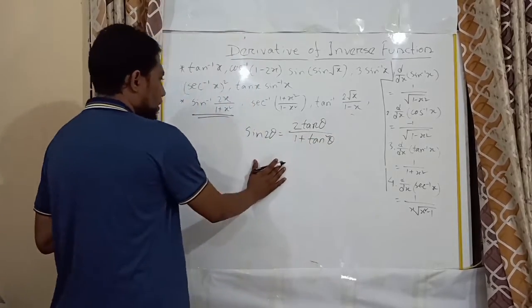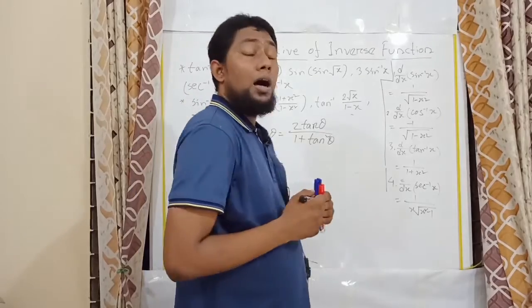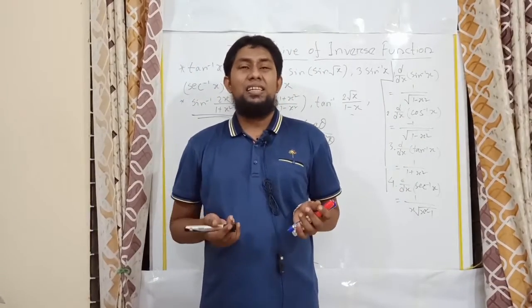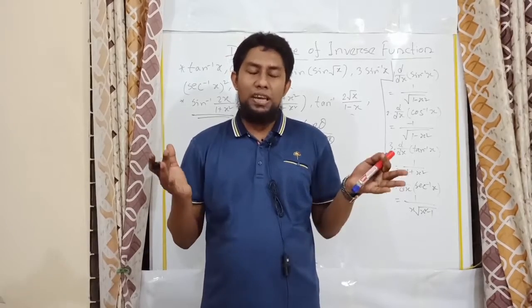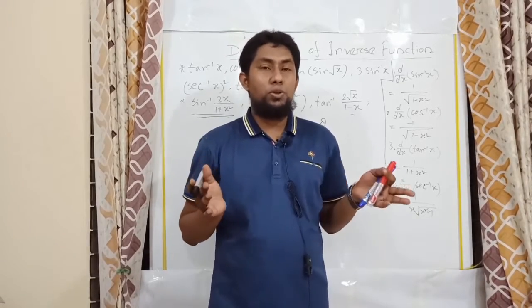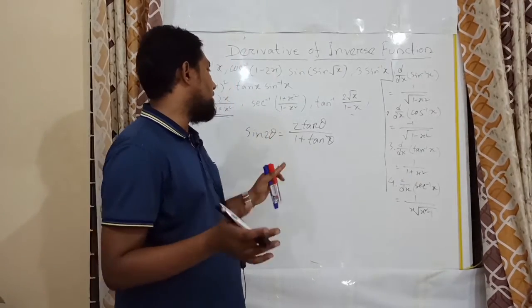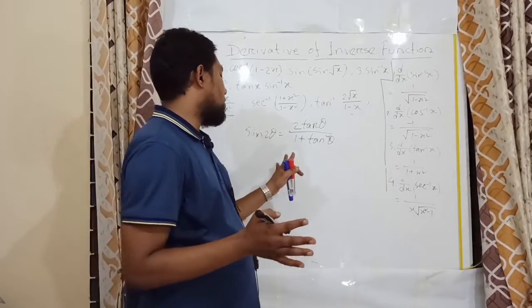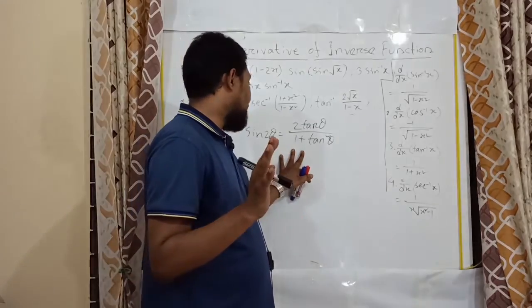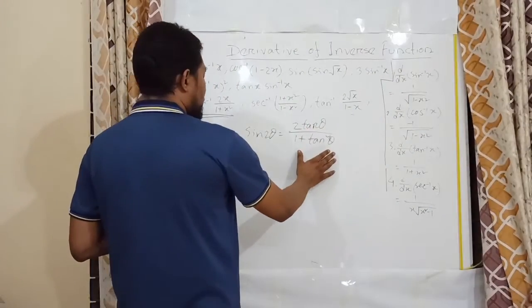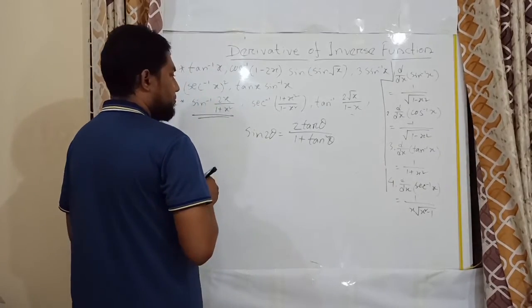This is the formula. One thing I want to tell you guys, you might think that it is very tough. Actually it is very easy, because you just have to know the formulas in trigonometry. As you are a newcomer, you might feel that it is very difficult, but sin 2 theta equals 2 tan theta by 1 plus tan square theta.